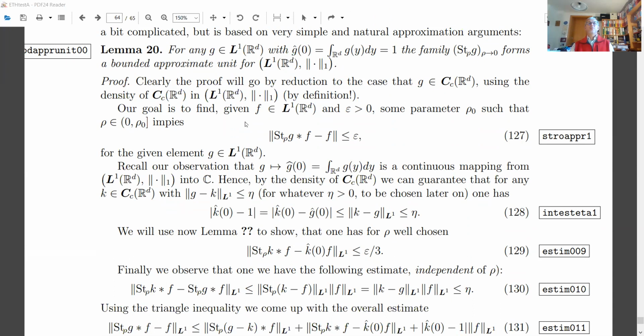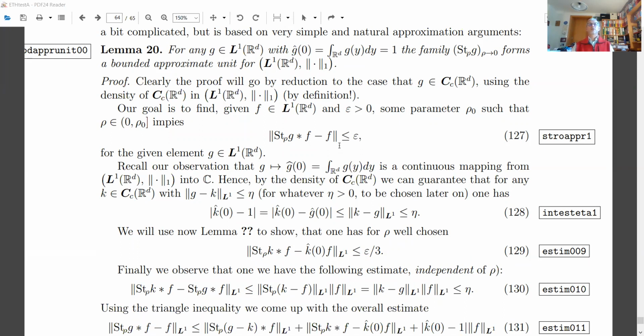The goal is, if you're telling me I want to apply this family to a given f in L1, so we're talking about an approximate unit for and within L1, and you're giving me any positive number epsilon, is it possible for me to find a parameter rho, kind of a quality parameter or a small number, with the guarantee that you can take any rho which is below that parameter, such that we can guarantee that whatever you take, as long as it is small enough, then the convolution product of this sufficiently compressed, say Gauss function, convolved with f is epsilon close in the L1 norm.